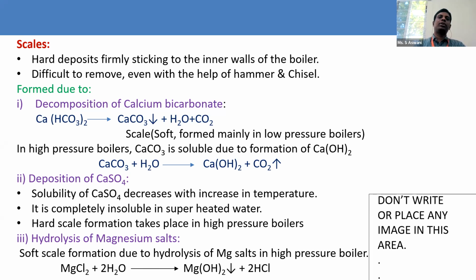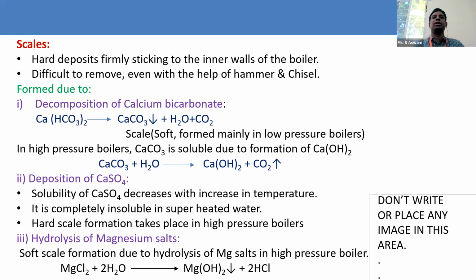After this hard scale formation on the boiler, the condition of the boiler is reduced, almost all, comparatively to sludge formation. Mainly in low pressure boilers and high pressure boilers, normally this type of scale can form.